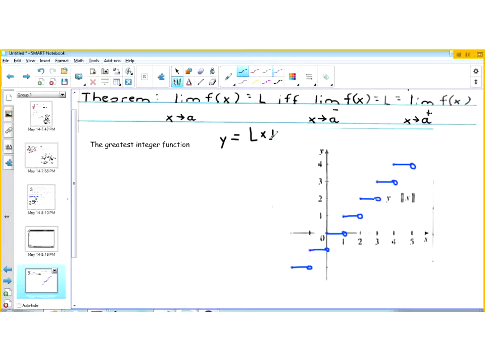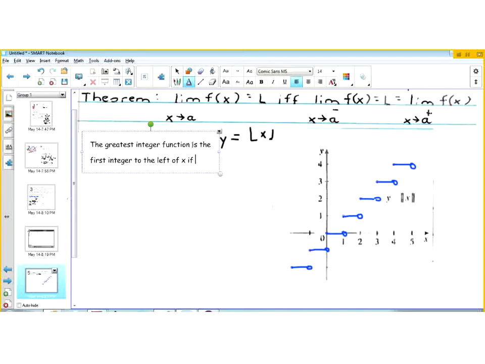Okay, so what greatest int means is this. If you pick any number x on the x-axis, the greatest integer function is the integer, the first integer to the left of x, if x is not an integer.